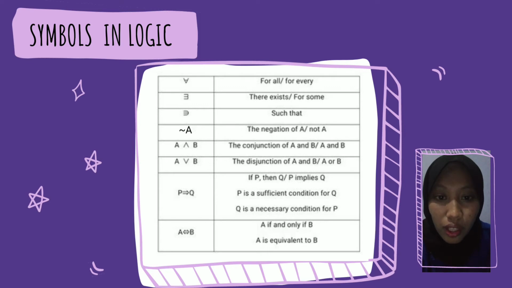The disjunction of A and B, or A or B. 7. If P, then Q, or P implies Q, or P is a sufficient condition for Q, or Q is a necessary condition for P. And the last is A if and only if P, or A is equivalent to P.